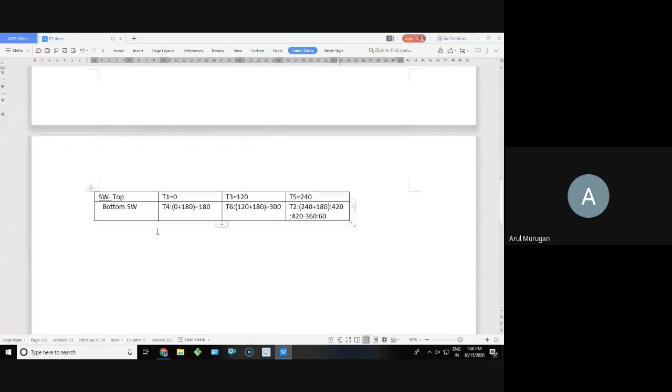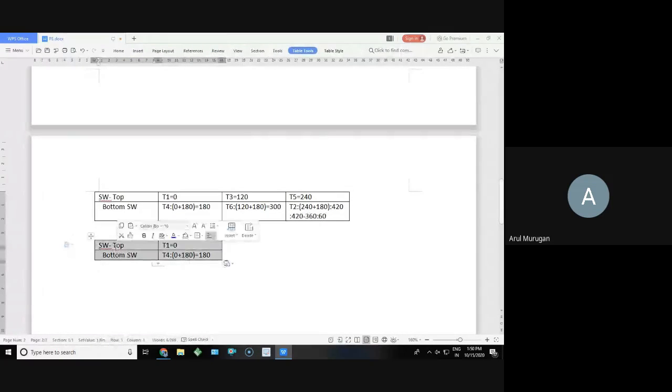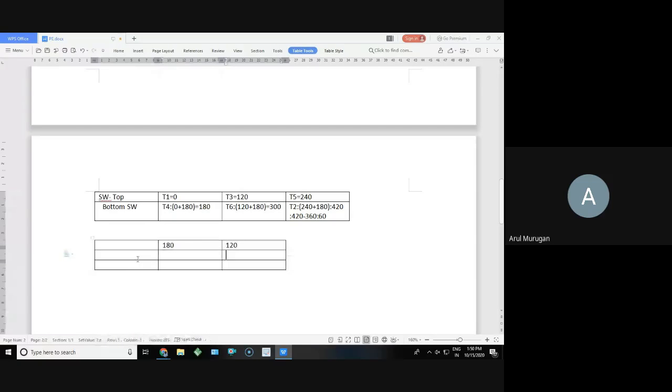Okay, coming to one more differentiation: the difference between the 180 and 120 degree mode. You should know the pulse width differentiation between 180 and 120. Pulse width means only the on period.